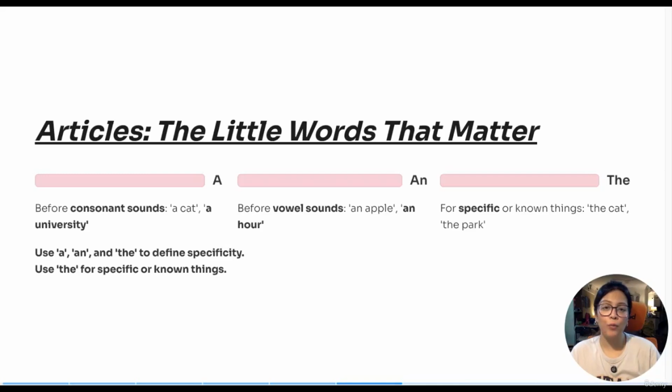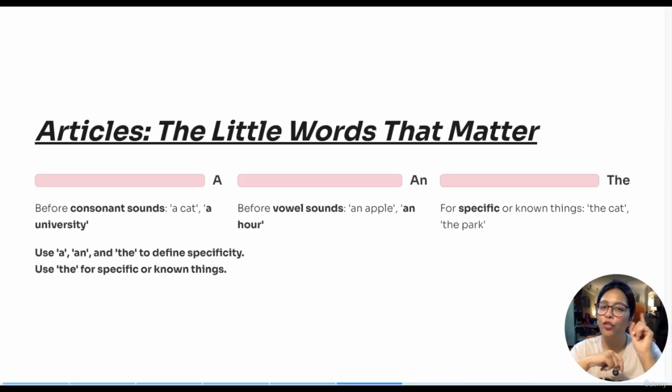Now H is a consonant. It's not a vowel. Then why do we do that? Because we are following the sound. If it makes the sound of a vowel, then we add an before it. So when we say hour, it makes a vowel sound. So we will add an before it.